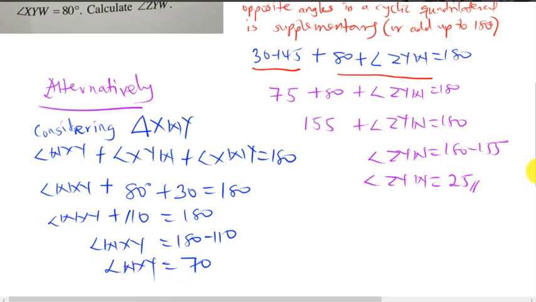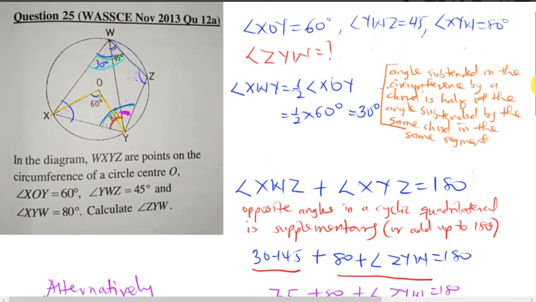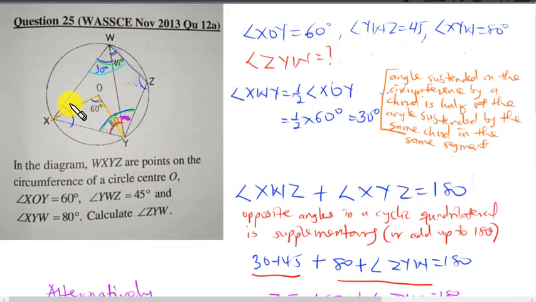Okay, so let's go back and look at our diagram. So the angle here is 70 degrees, and if here is 70 degrees, what do you think is the angle here? Tell me. That should be 110, because opposite angles in a cyclic quadrilateral are supplementary, or add up to 180 degrees.